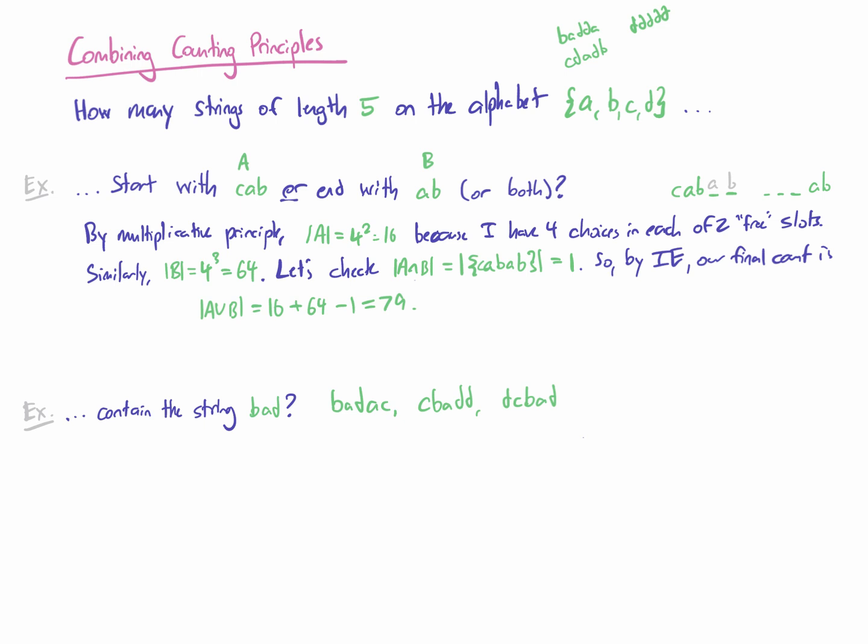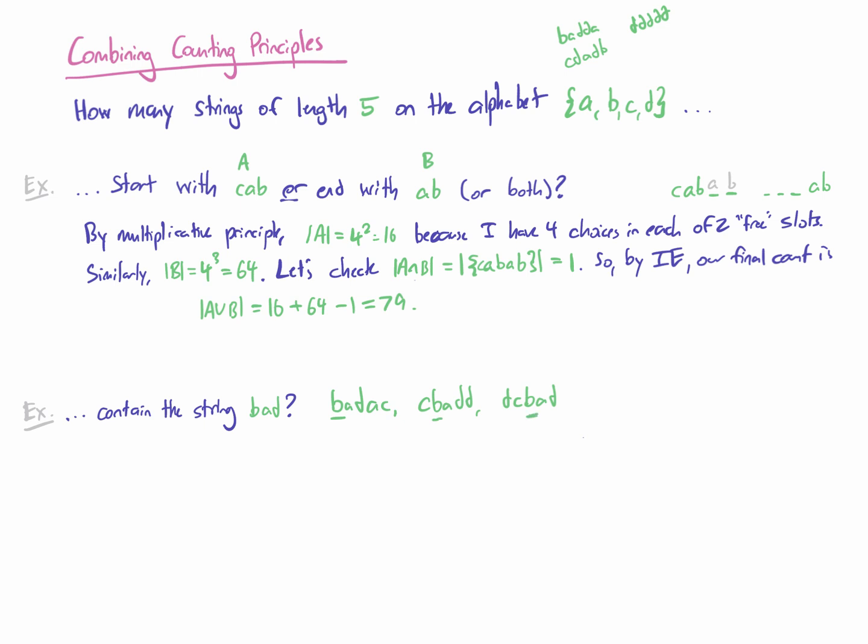So how am I going to count this? This is going to bring me to an application of disjoint choice. The reason I use disjoint choice here is if I look at these examples, BAD starts with B, and I have 3 disjoint possibilities of where to put the B. I could put the B at the beginning, in the second slot, or in the third slot.